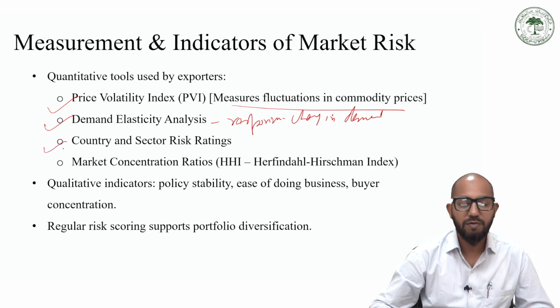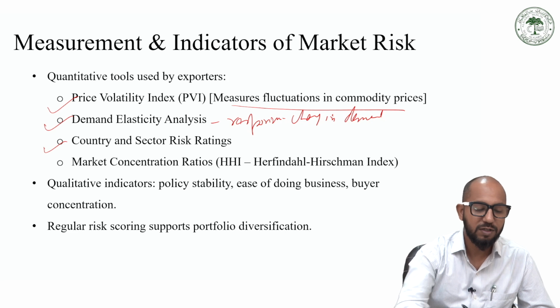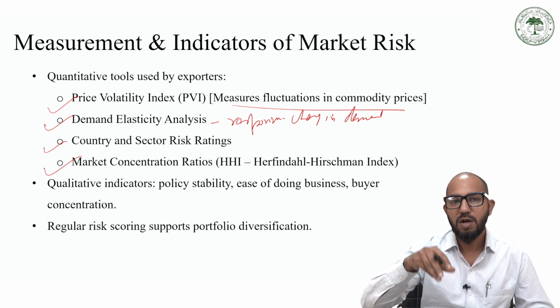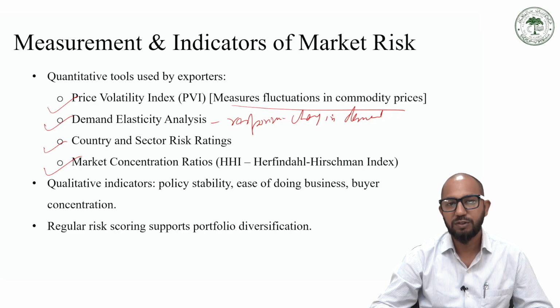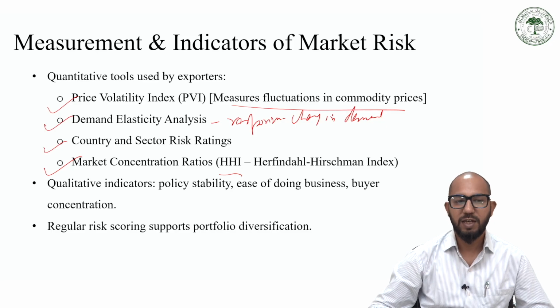The third is country and sector specific ratings by different agencies. Then we have market concentration ratios, which tells about how much concentrated an international market or a country specific market is. For example, HHI index is used, which is very popular.